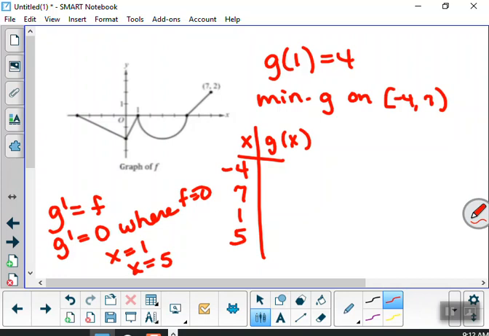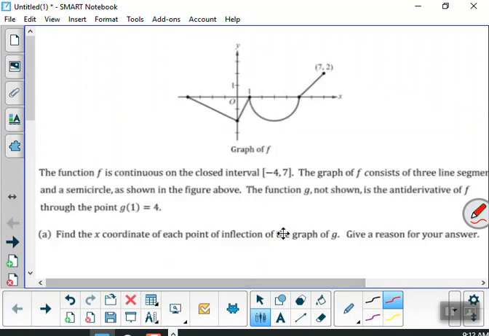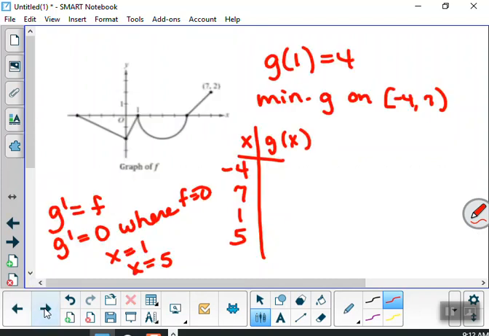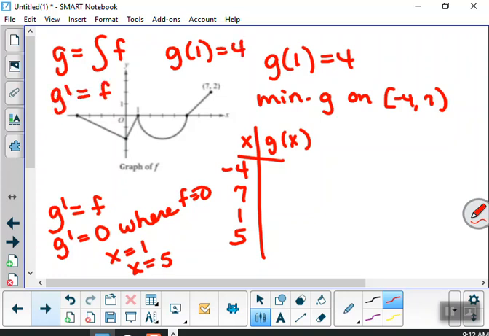Now, where do I get my values for the G function? Another thing this problem tells me: G is the antiderivative of F, right, and G of 1 equals 4, G prime equals the F function.